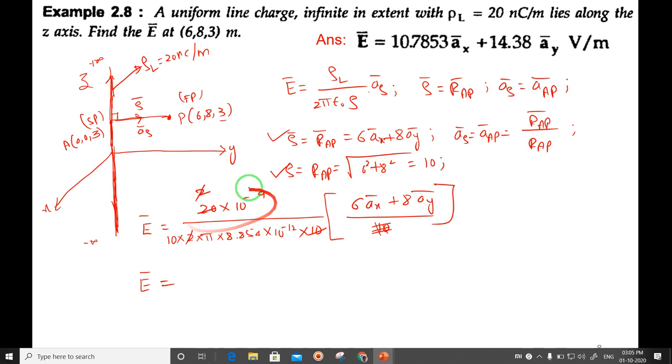You calculate this part. 10 1 ja, 10 2 ja, then 2 1 ja, this will vanish. Please check it. Whether anybody is getting 1.79 for this part, only this part.